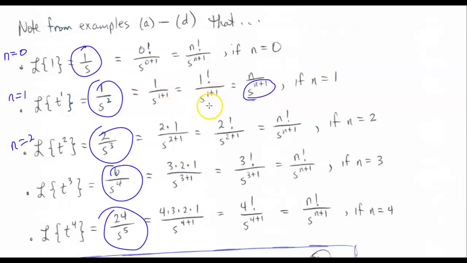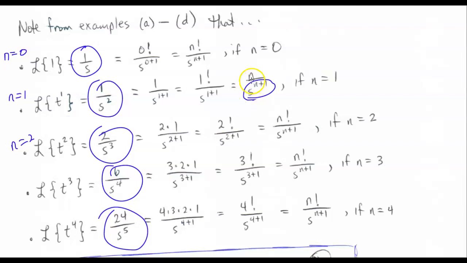We also see that if we look at the pattern of the numbers here, we have 1, 1, 2, 6, 24. That follows the pattern for the recursive sequence of what we call factorials.